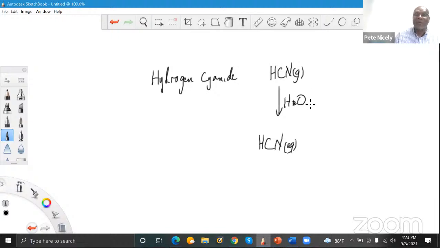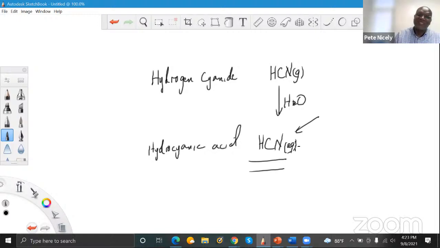And the answer is, according to the powers that be in IUPAC, you treat this as a binary compound for the purposes of naming this acid. So the name of this acid is hydrocyanic acid. This is a bit unique because it's not binary and it's not an oxyacid.